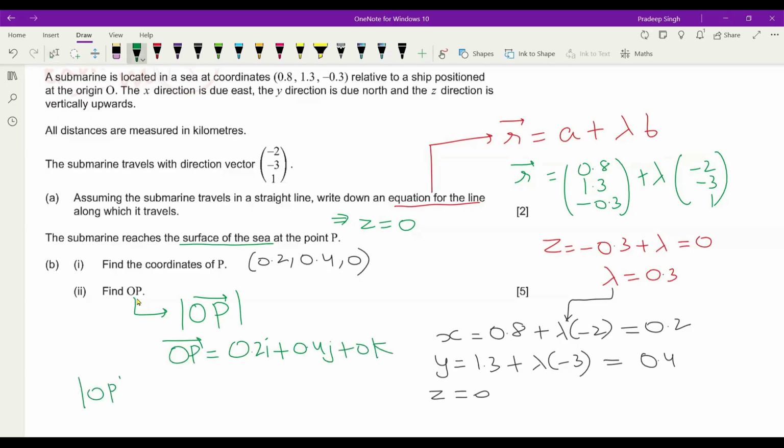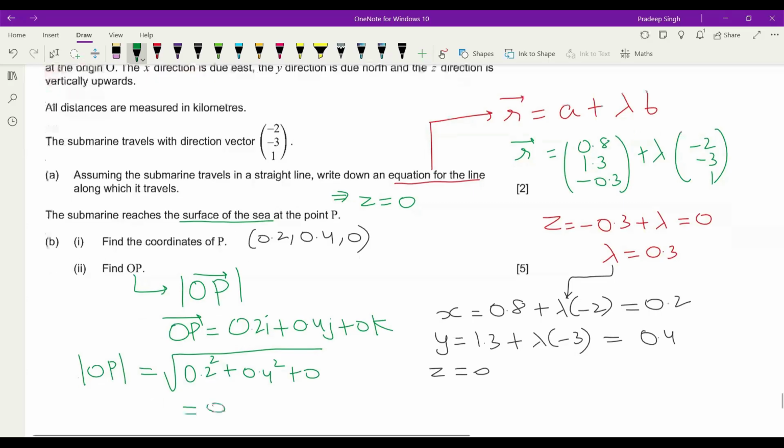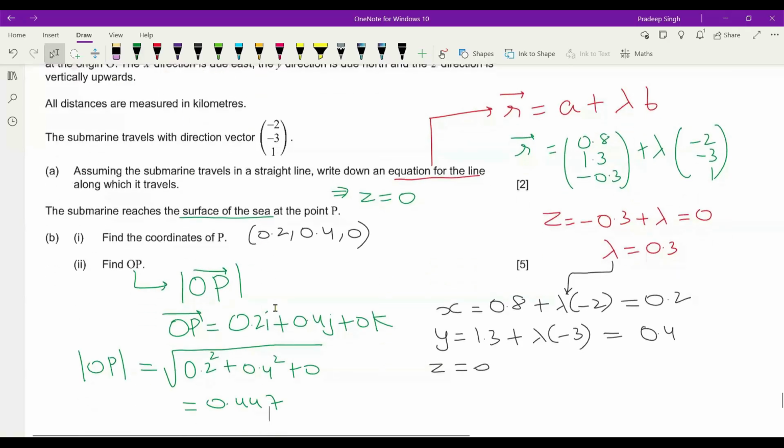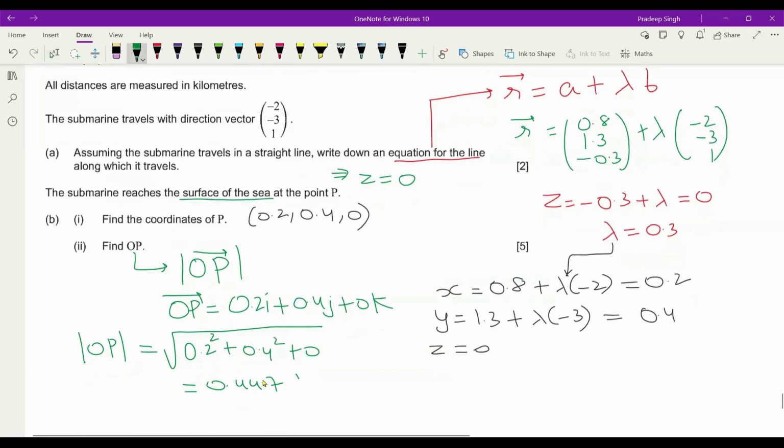And we use the formula square root x square plus y square plus z square. So the magnitude will become this. And if you solve this square root expression, we'll get 0.447 as the answer. And for the units, we go back to the question. All the distances are measured in kilometers. So the final answer is also in kilometers. It will be 0.447 kilometers, which can also be written as 447 meters.